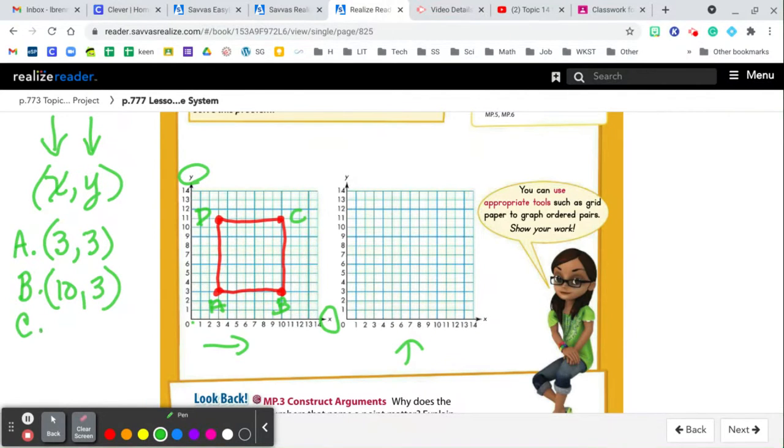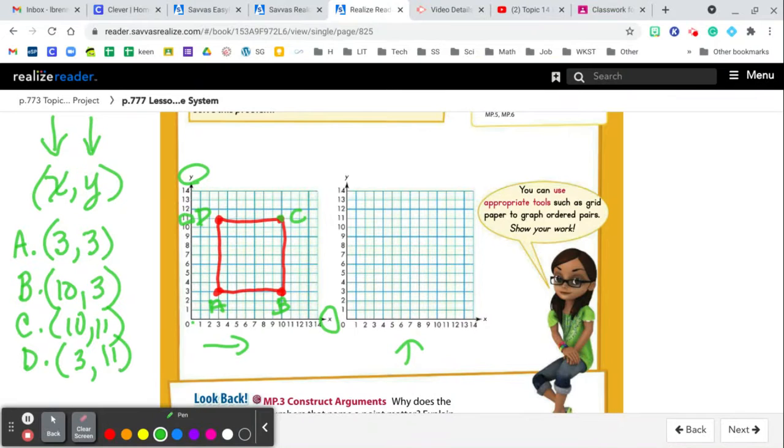Point C, I'm going to go over 10, up, and I can look at that little C, and my eyeball is going to go all the way over here to 11. And then D is over 3, up to point 11.